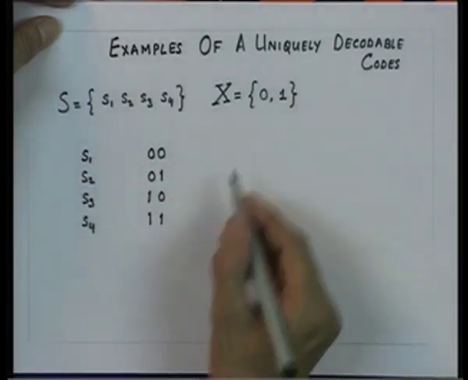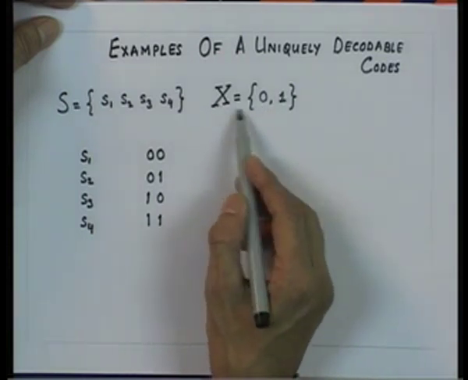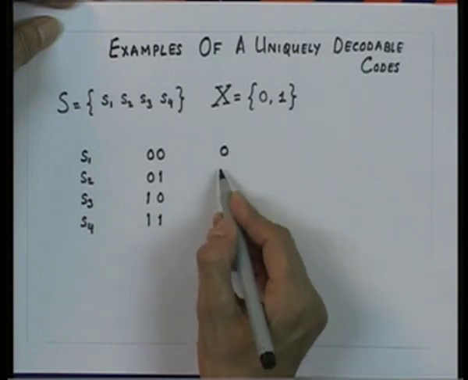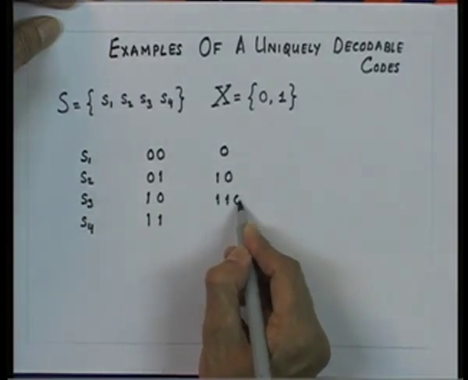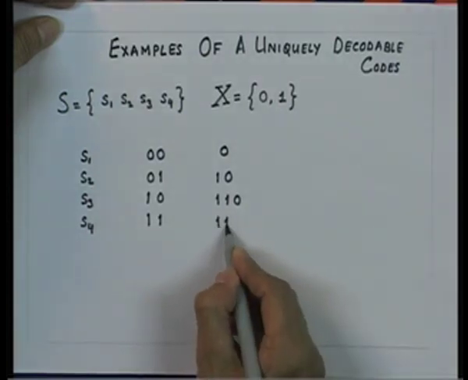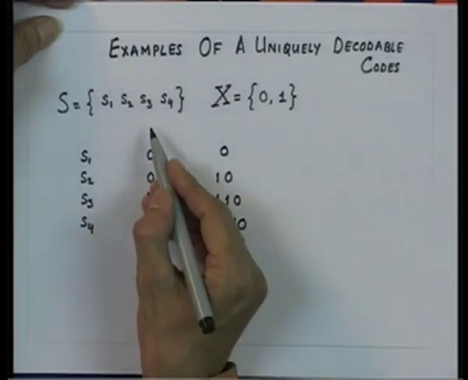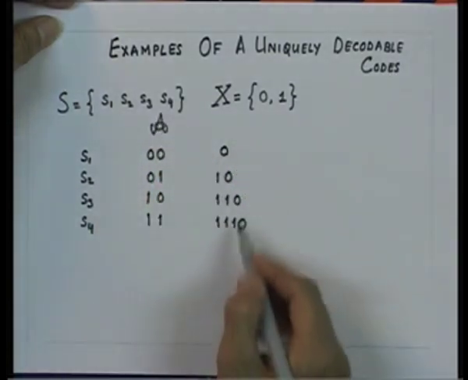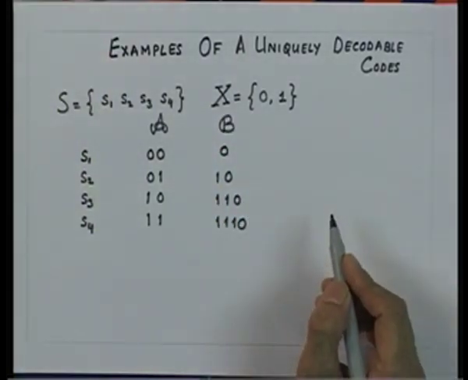Now, let me consider another code formed based on this code alphabet, which is given as 0, 10, 110, 1110. So, let me call the first code as code A and the second code as code B.